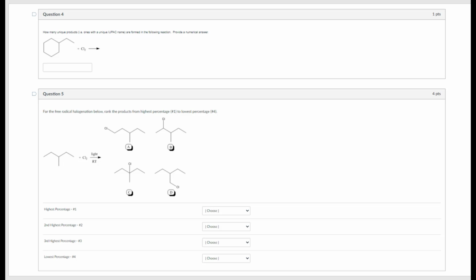Okay. For the ethyl cyclohexane, we would have a product A, then the CH2 product B, and then the H in the tertiary position would give us product C. And then these two CH2 groups would give us the same product, which would be a 1-chloro-2-ethylcyclohexane.